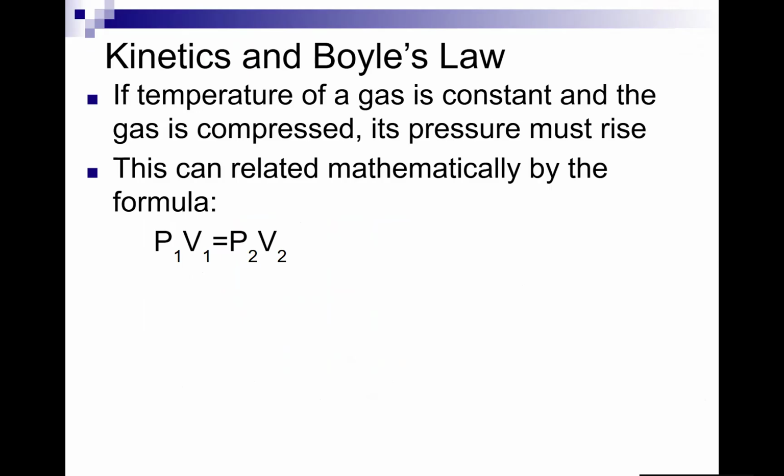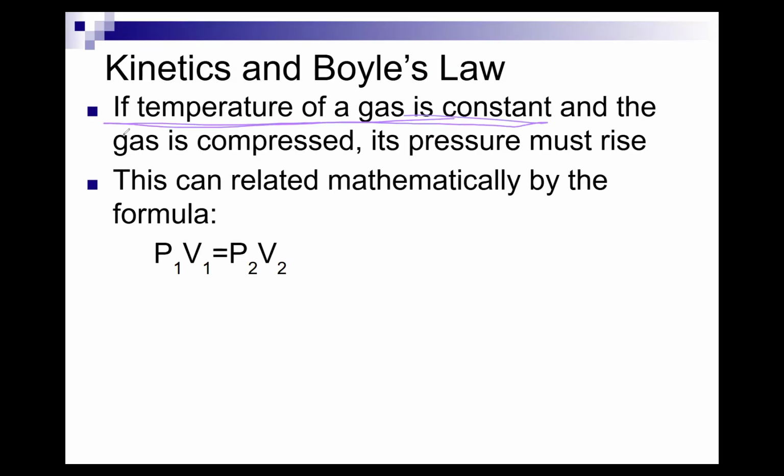We spoke about kinetics, and now we're adding some gas laws to that. We know temperature plays a role in kinetics. If the temperature of a gas is constant, that was one thing that Boyle maintained, and we compress that gas, the pressure must rise.